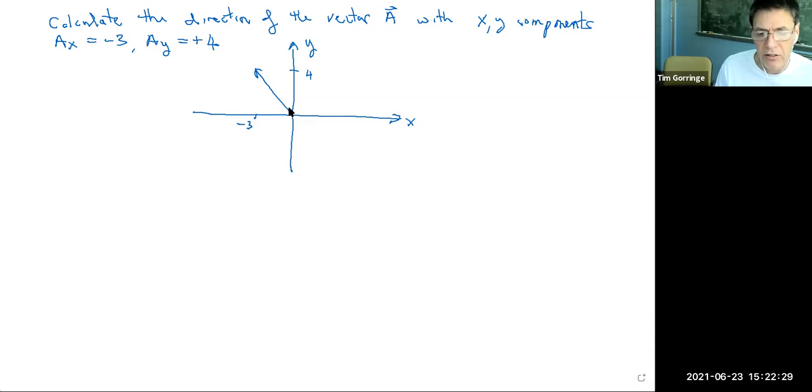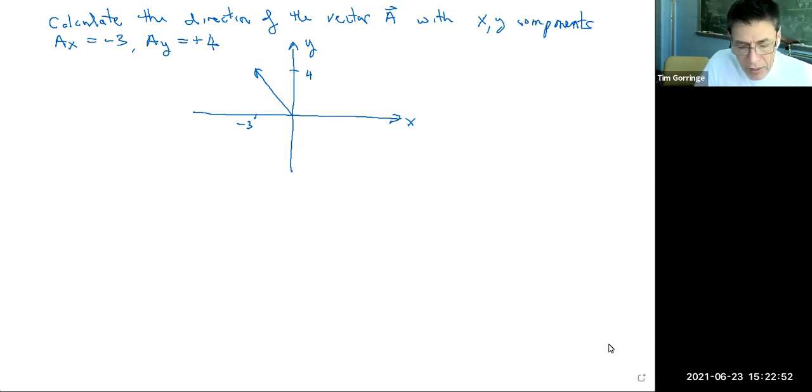Its y component is +4, so it goes in the positive y direction. You see that in this picture here. And we're asked to figure the angle of this vector, the direction of this vector.